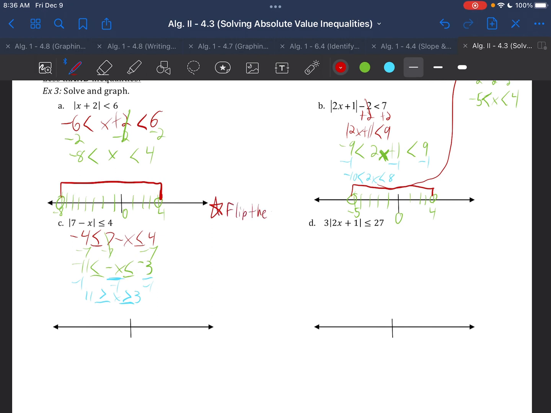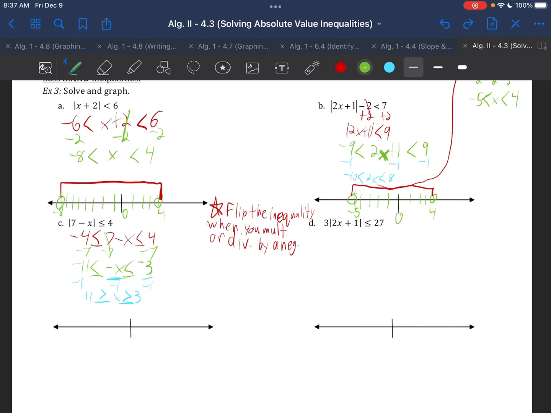Say, hey, a little note that flip the inequality when you multiply, I'm going to abbreviate, or divide by a negative.